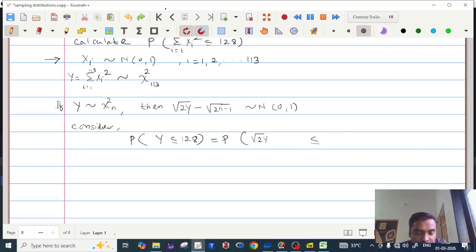What we did here, we multiply this quantity by 2 and then take the square root. So do the same thing here.